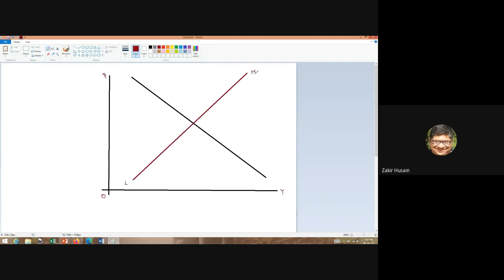See, it's very clear that this is the equilibrium. But if you are at a point like this, above the LM curve, then is it an excess demand or excess supply?